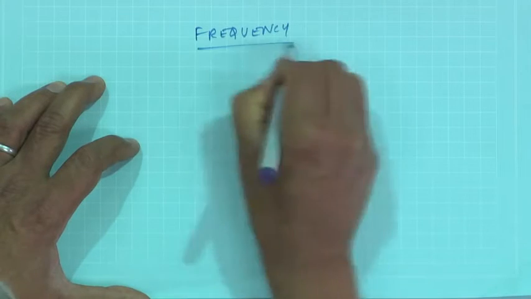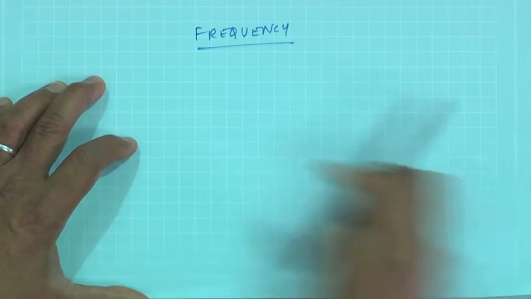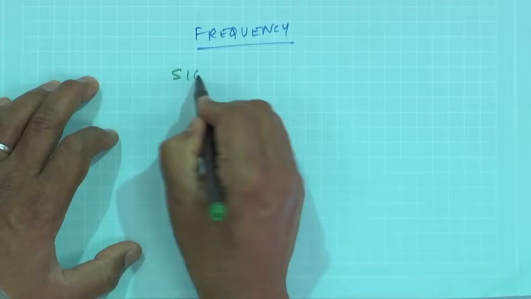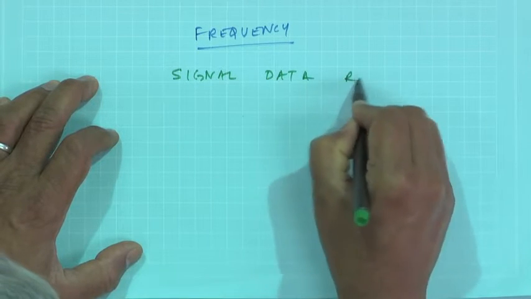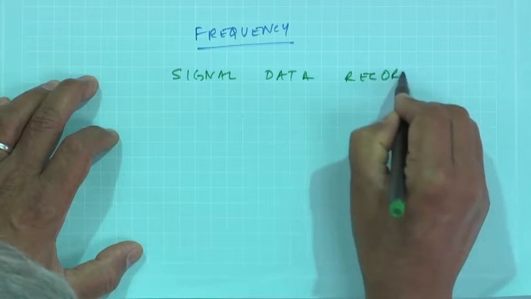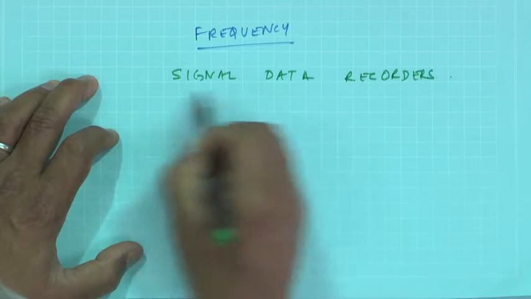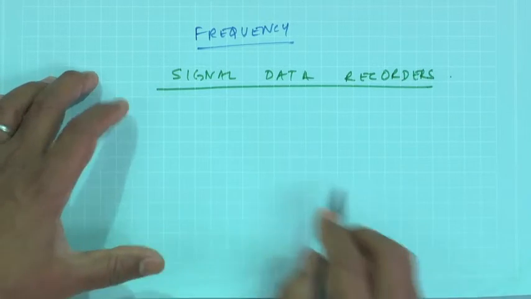Some of these signal data recorders which we have can take multiple inputs.